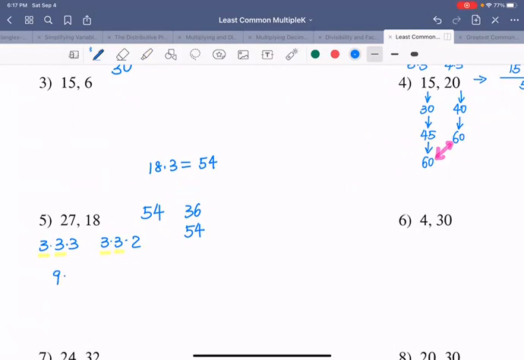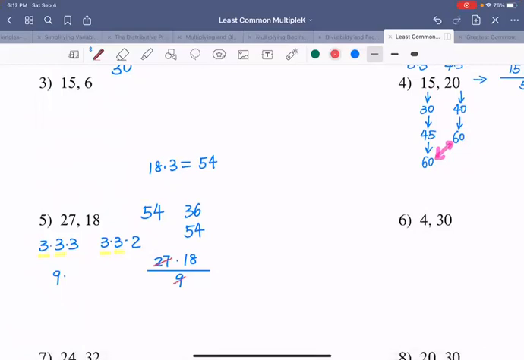And these two guys' product, we do 27 times 18 over the greatest common factor. That's going to be the least common multiple. We don't want to do this product first. It's too slow. Let's simplify here now. 27 over 9 is how much?